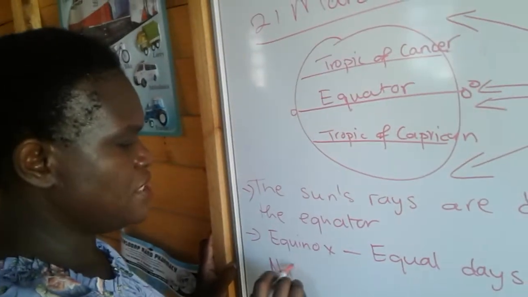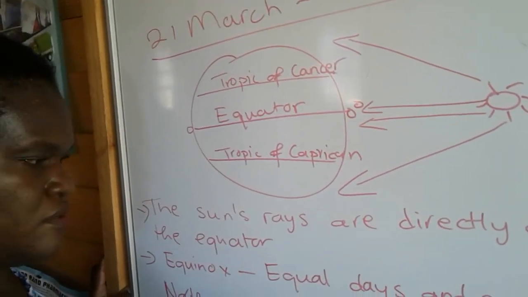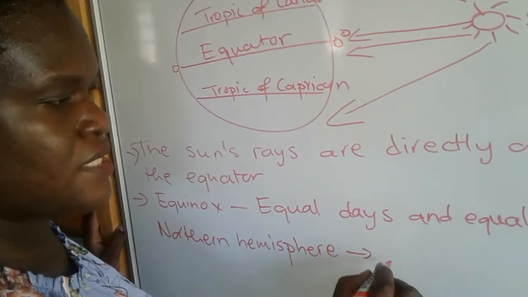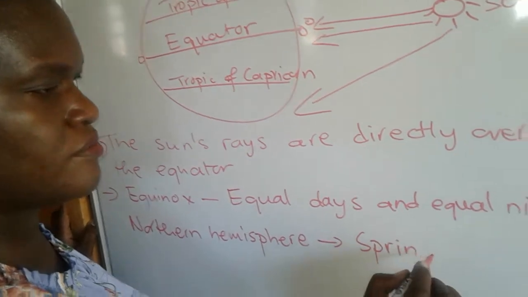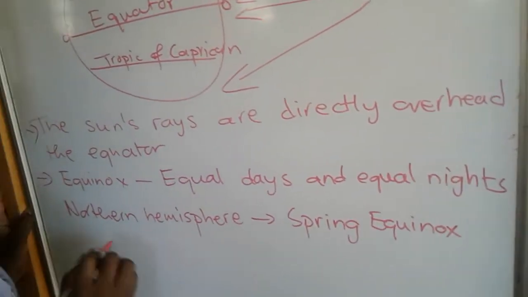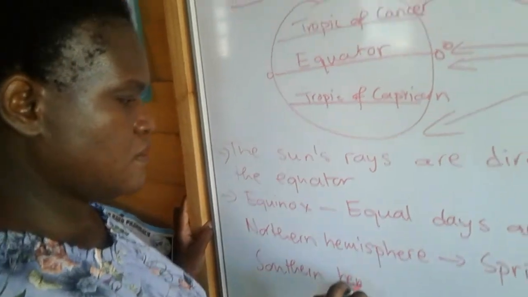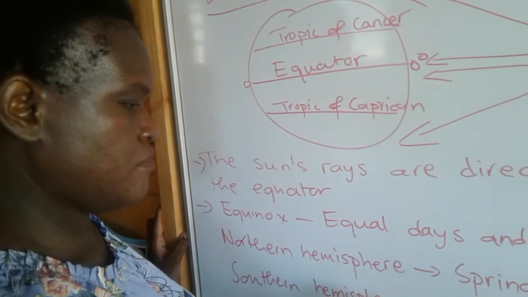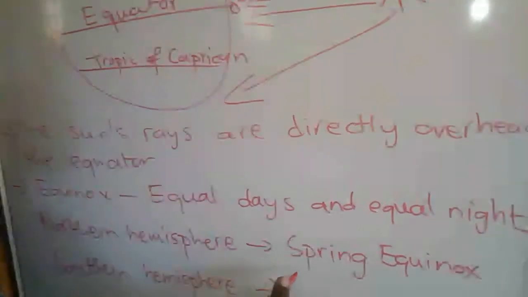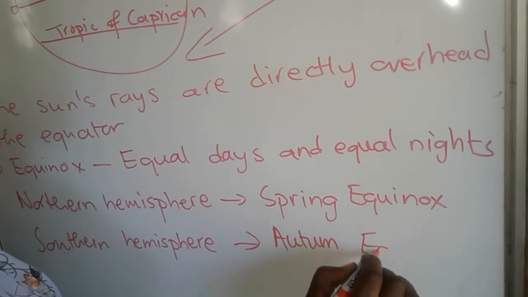But in the northern hemisphere now, you need to take note of this. In the northern hemisphere, it is the spring equinox. And for us in the southern hemisphere, it is the autumn equinox.